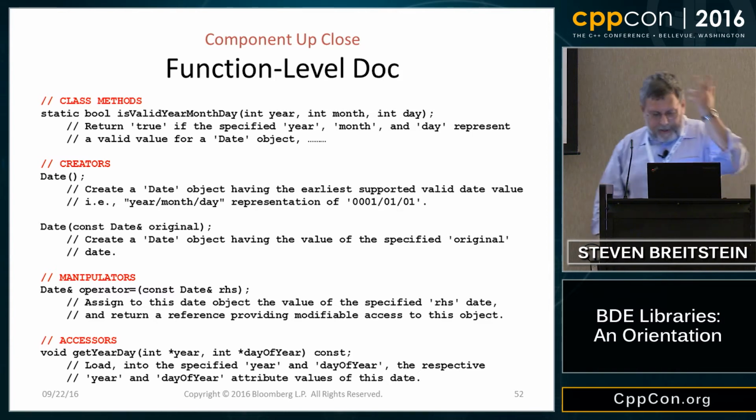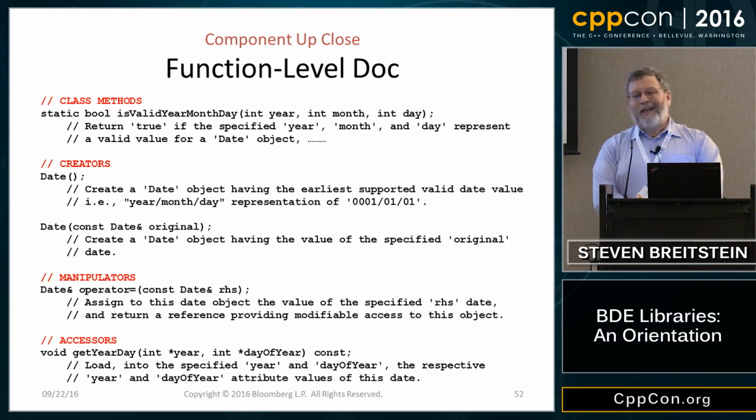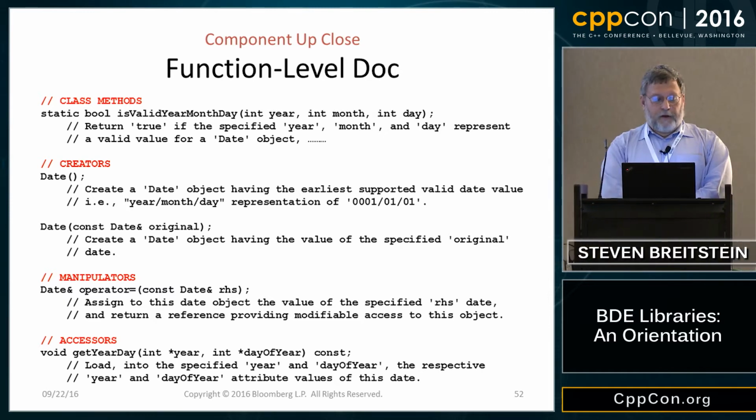Lastly, the next level of documentation is the function-level documentation for each of the methods of the class. The methods of the class are usually organized per the banners that you see here. We have class methods first, the static functions, then creators, which include all the constructors and the destructor.